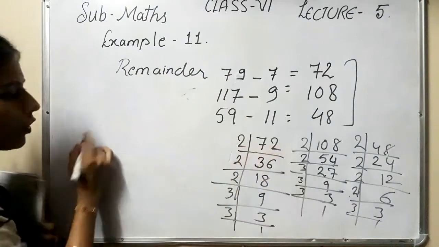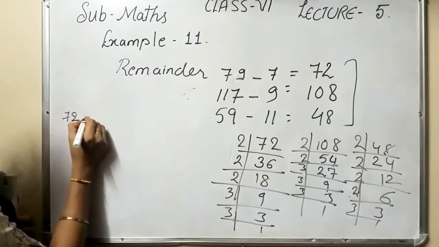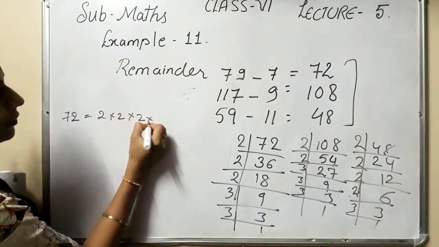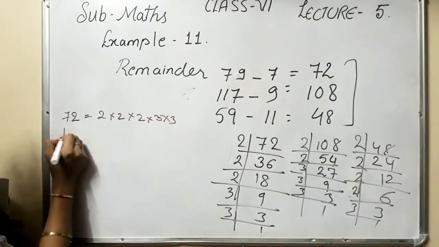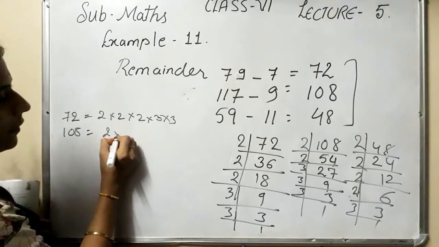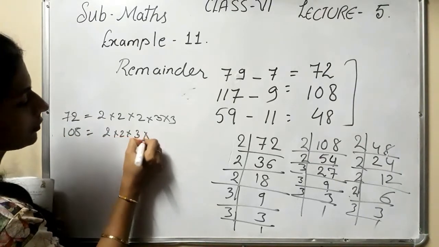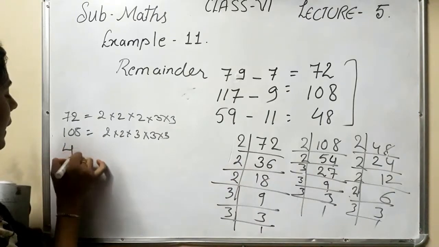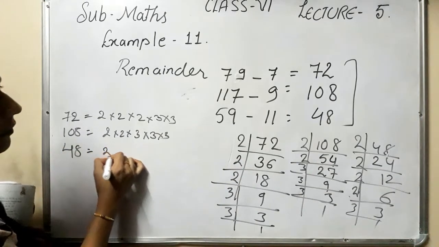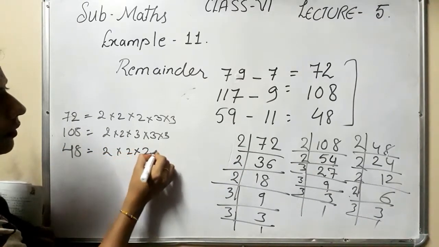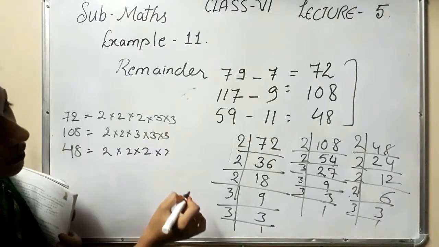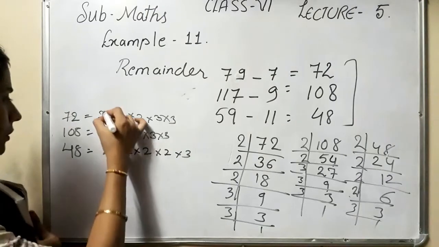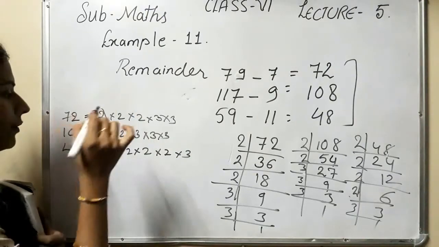Now see, find the common factors here. What are the common factors? What are the factors of 72? What are the factors of 108? What are the factors of 48? Now see, find the common factors here. 2 is common in 3 of them.